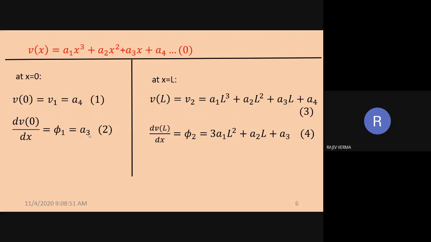Now, these four equations can be solved to get the values of the four unknowns, that is A1, A2, A3 and A4.